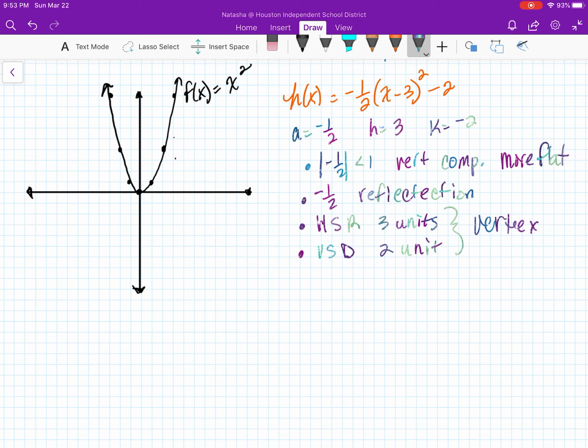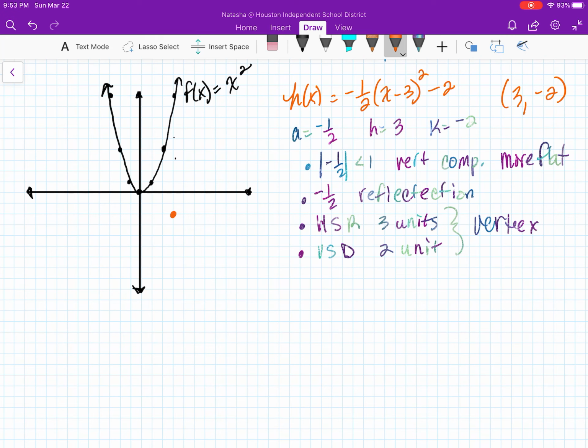If I look at my h and my k, my vertex is going to be at (3, negative 2). So I'm going to go 1, 2, 3 to the right, and down 1, 2. So we had a horizontal shift to the right 3 units, and then we're down 2 units.